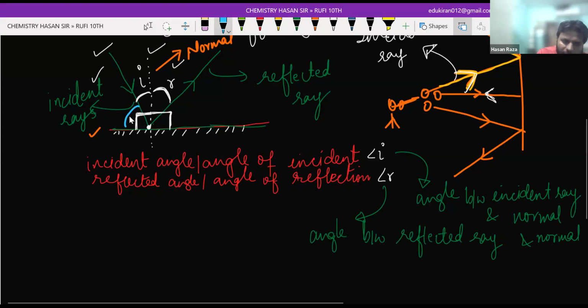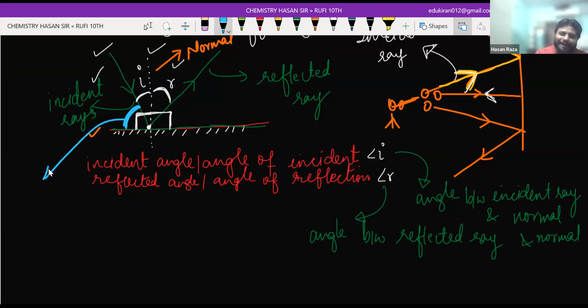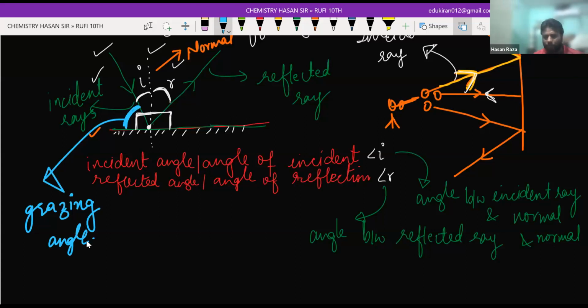What about this angle? This angle is basically called the grazing angle. We call it the grazing angle. So what is the grazing angle? Understand it, focus here, it's very important.